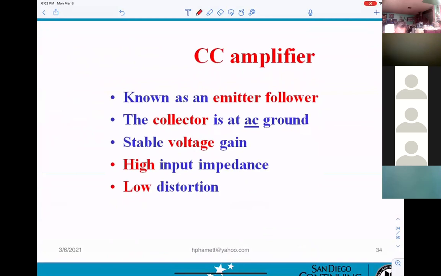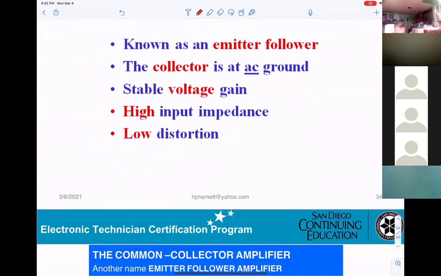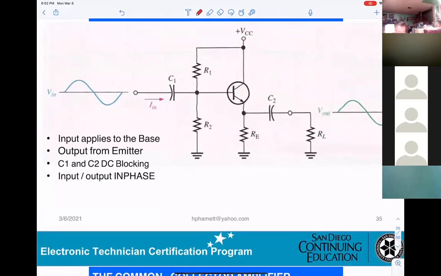Stable voltage gain, high input impedance, low distortion. So this is given to you. When you're looking at the circuitry, even if you don't know the detail to calculate inside, you must recognize what type of amplifier it is.